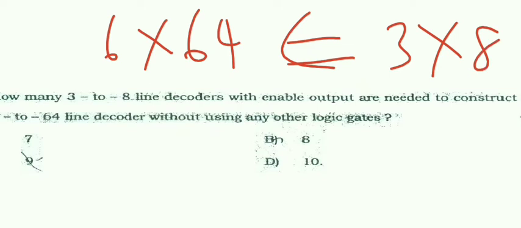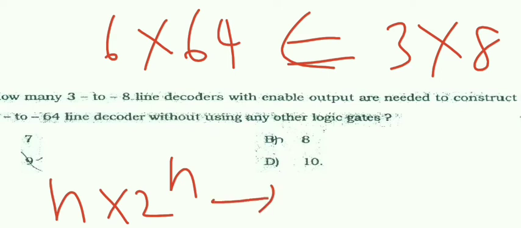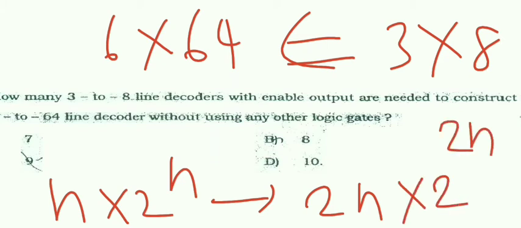So whenever making a higher order decoder from lower order decoders, if a given decoder input is n cross 2 power n, and a desired decoder output is 2n cross 2 power 2n, follow the rules which I give. So whenever we are going to design a higher order decoder, from n cross 2 power n, this method should be followed.